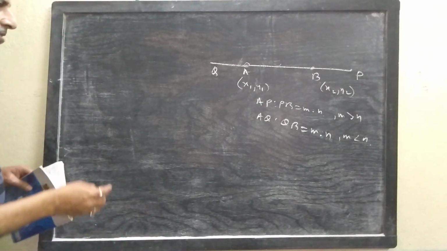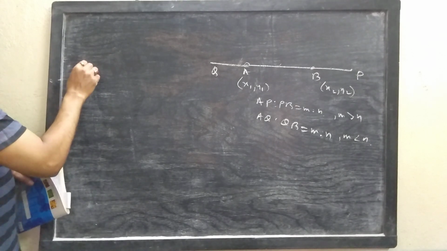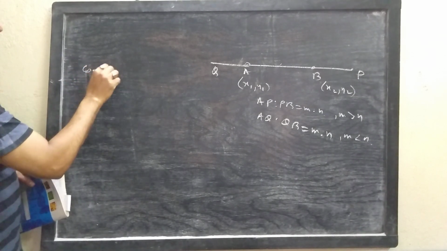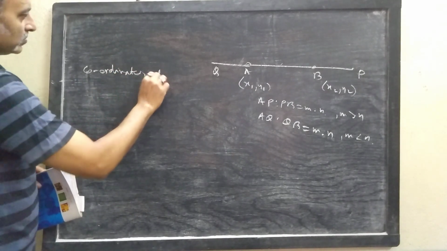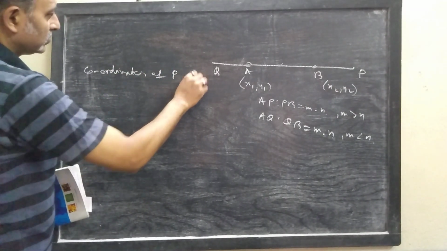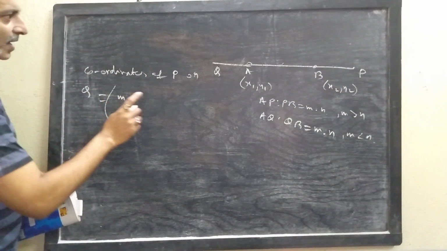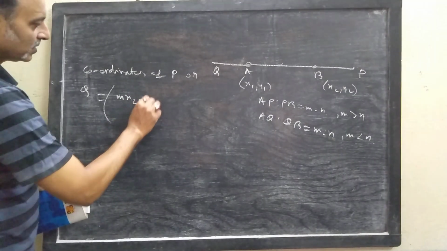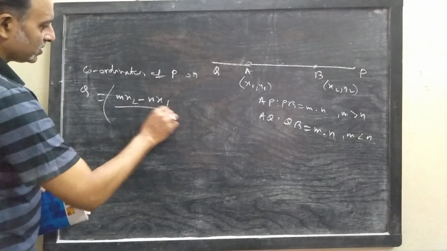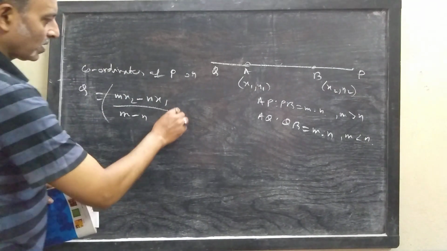We have the same formula. Coordinates of P or Q equal m times x2 minus n times x1, both the signs will be minus here.